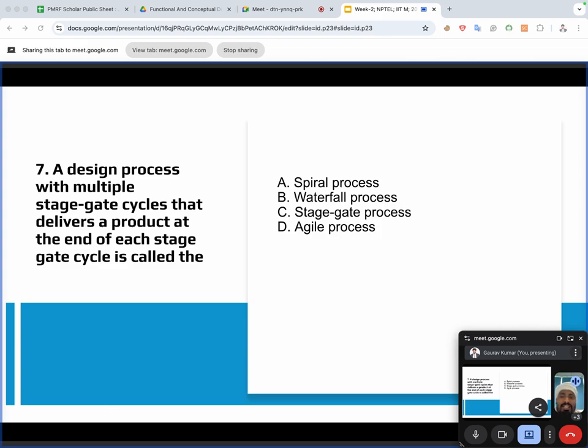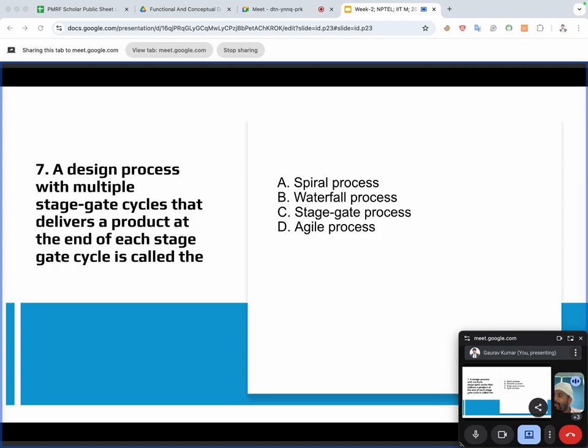The advantage is that it is easy to understand and manage, works well for fixed and clear requirements, and suits documentation-heavy processes. The disadvantage is there is no going back, so it is hard to accommodate changes.